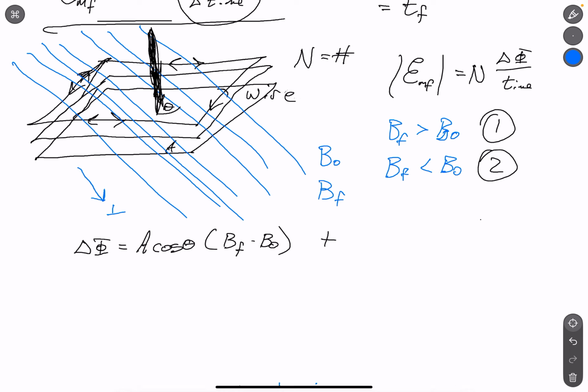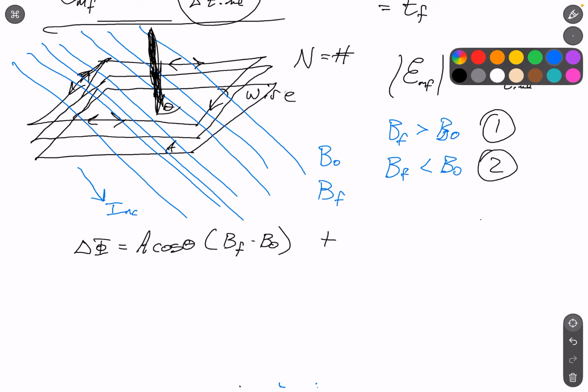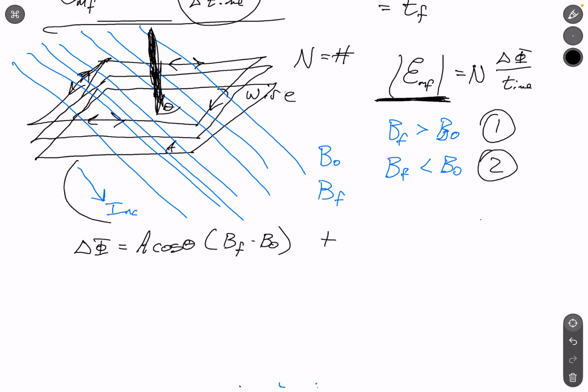This is an increase. Since it's increasing, the B field that gets created by this new EMF, this is our new EMF right here, the B field that gets created by that has to oppose this increase. Okay? We have an induced EMF. So that induced EMF is one that opposes this increase.